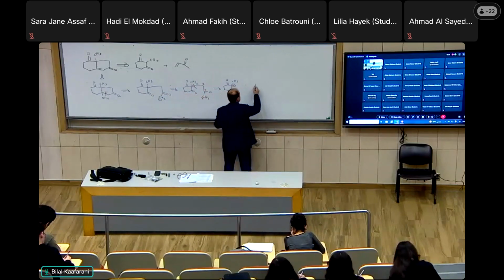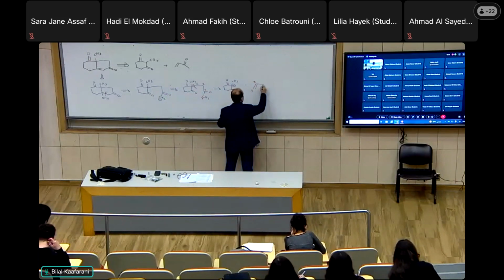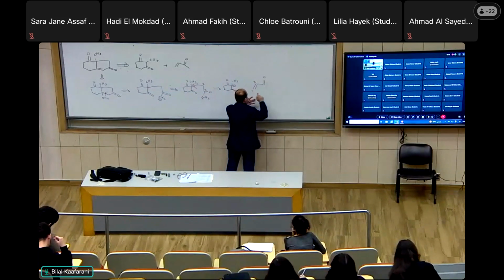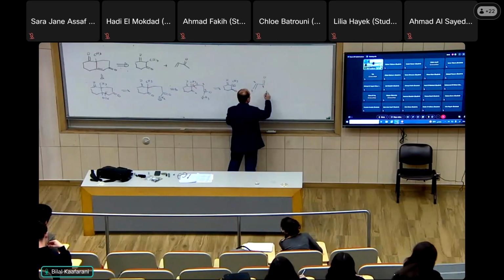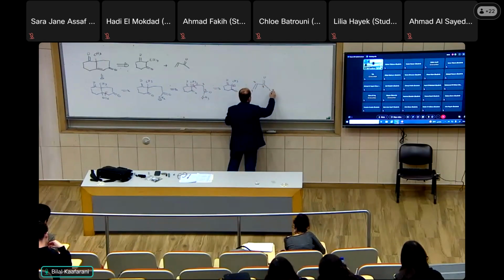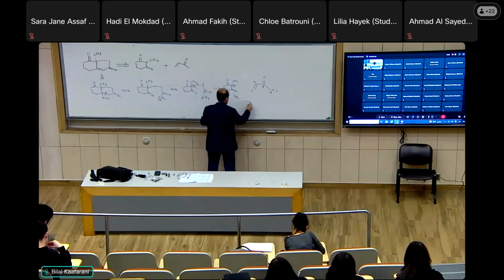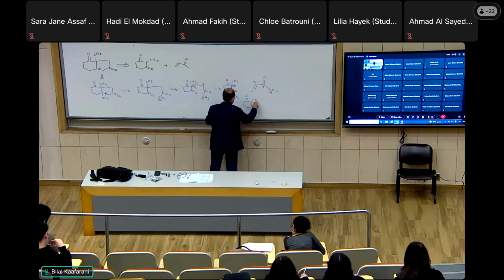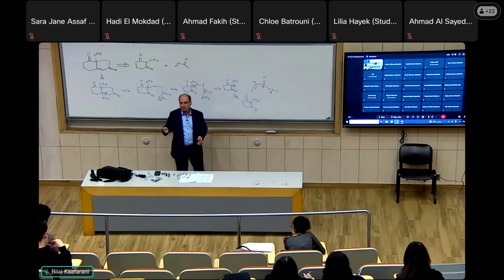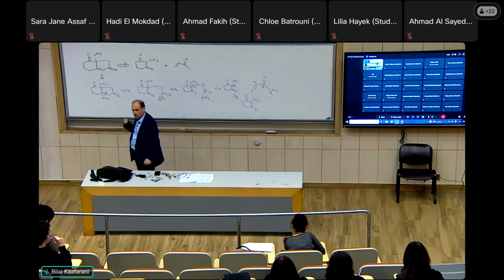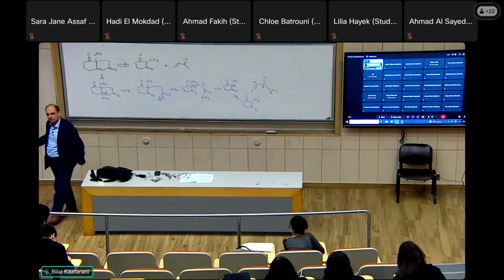The C double bond C is between carbons 1 and 2, and carbon number 3 is my carbonyl, and I have a methyl group right here, which is carbon number 4. So what is this one? Here it is. These are my two starting materials, the diketone and the alpha beta unsaturated system.